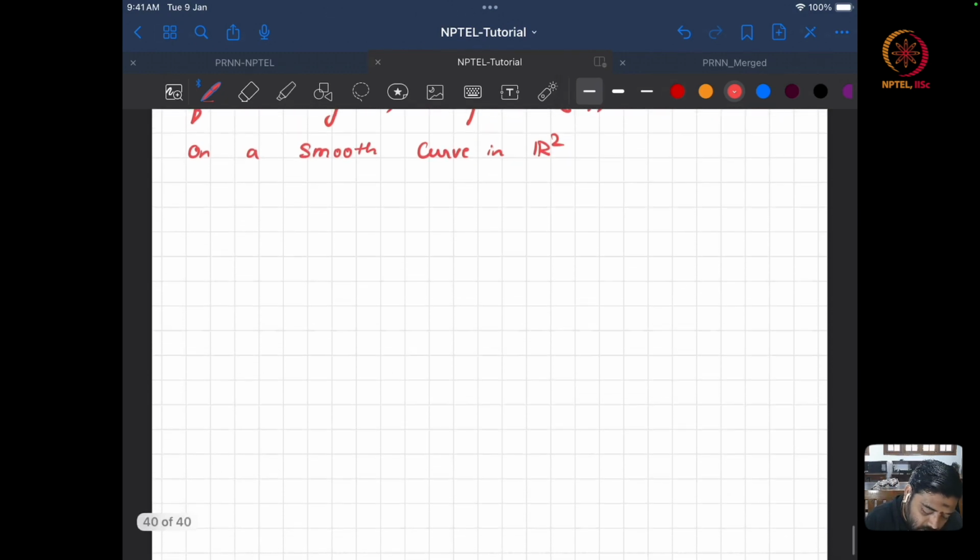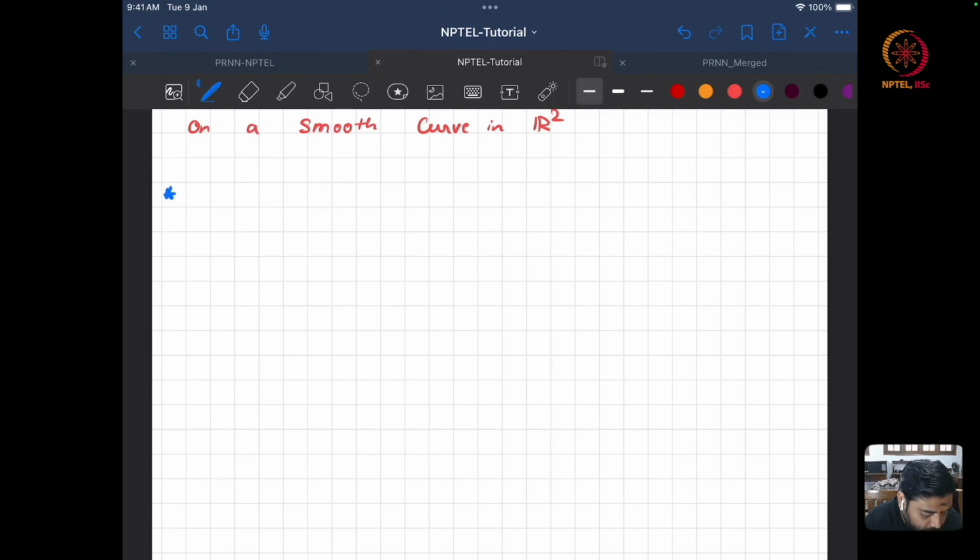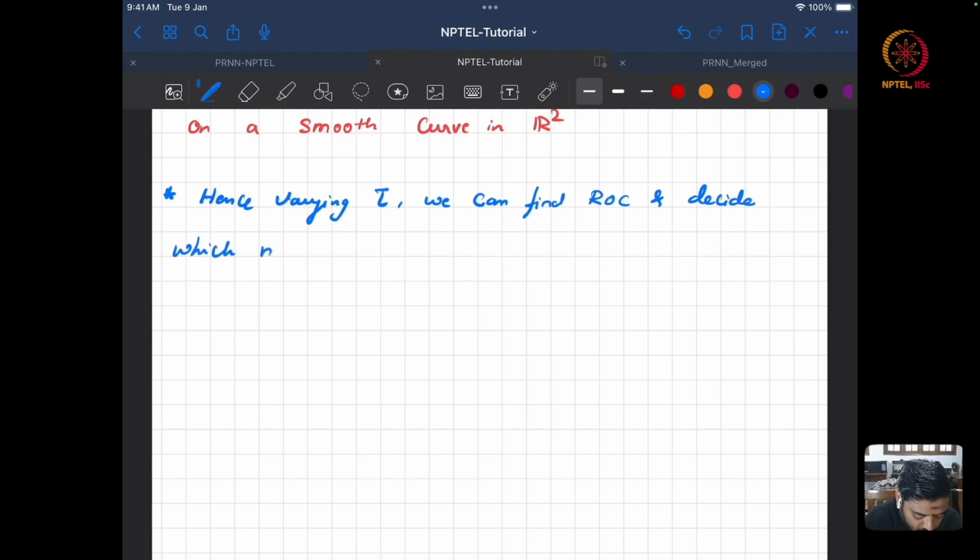Now this is evident that, hence, varying the tau, we can find the ROC and decide which may be the best operating point. And that means what is the best trade-off that we need for our given case.